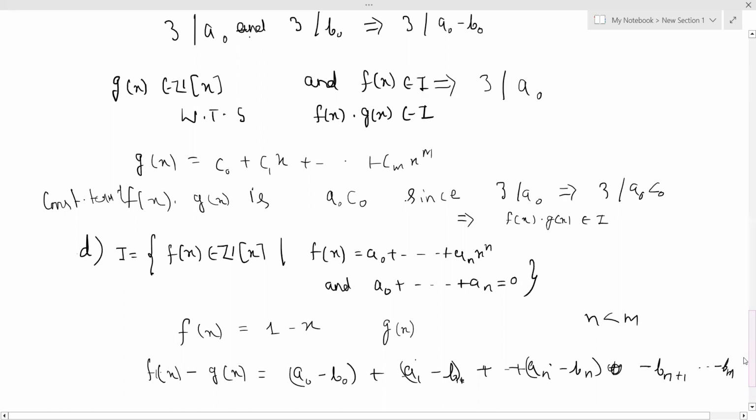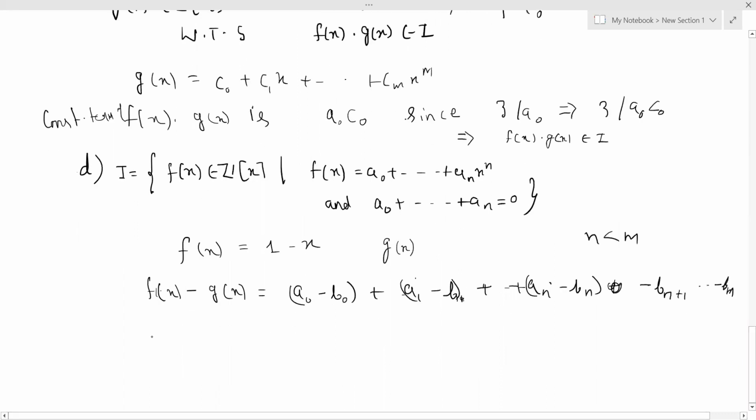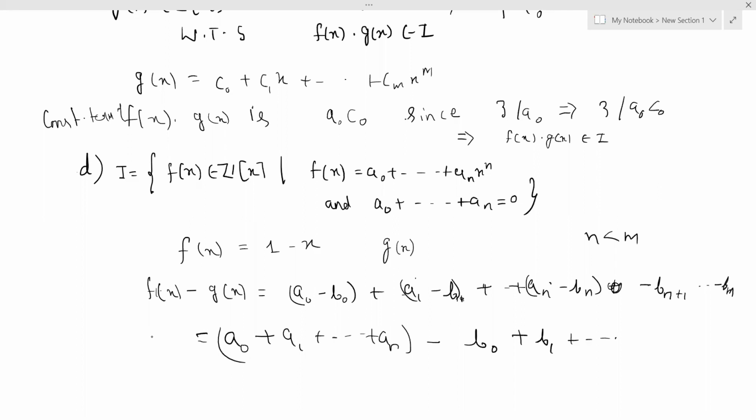Now you can rearrange this one: a naught plus a1 plus so on plus an, minus b naught plus b1 plus so on plus bm, correct?